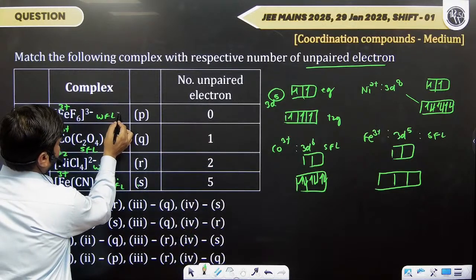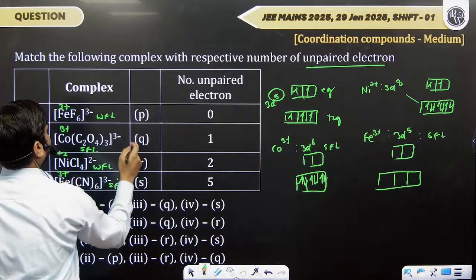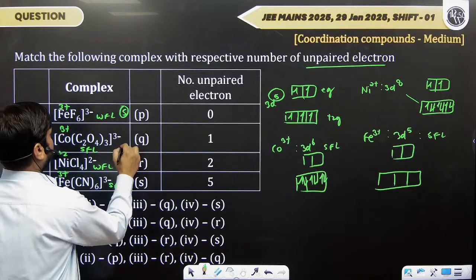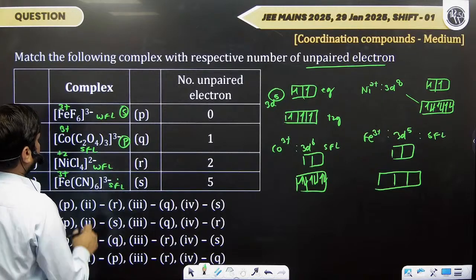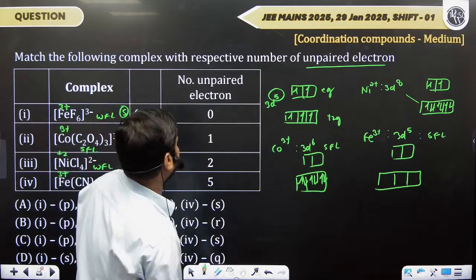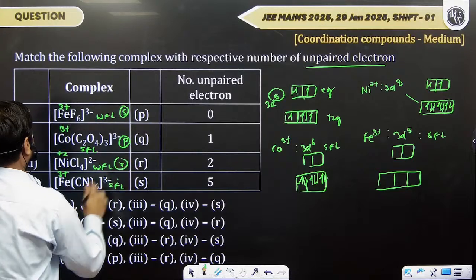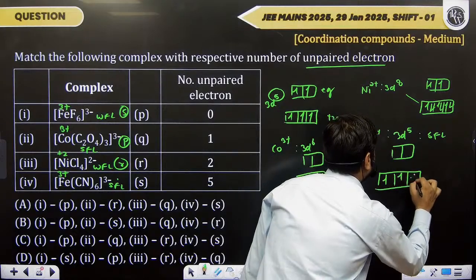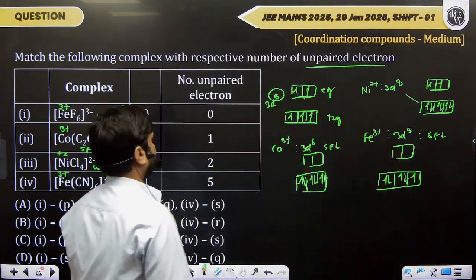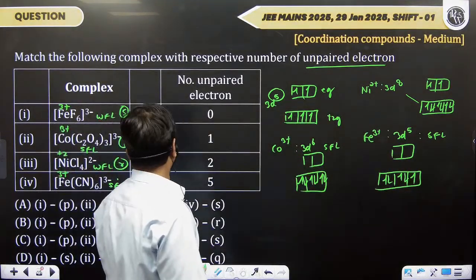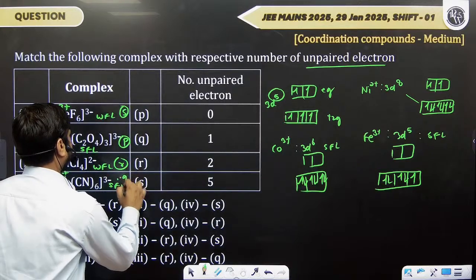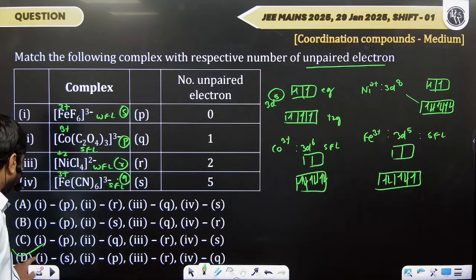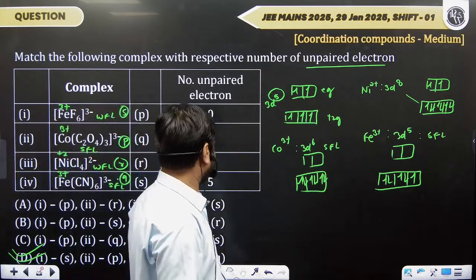So 1 is going to be matched with S. The second one is 0, so P. In the third we have 2 unpaired electrons, so R. And this fourth one has 1 unpaired electron, so that is going to be matched with Q. So SPRQ, the option is going to be the D option, right?